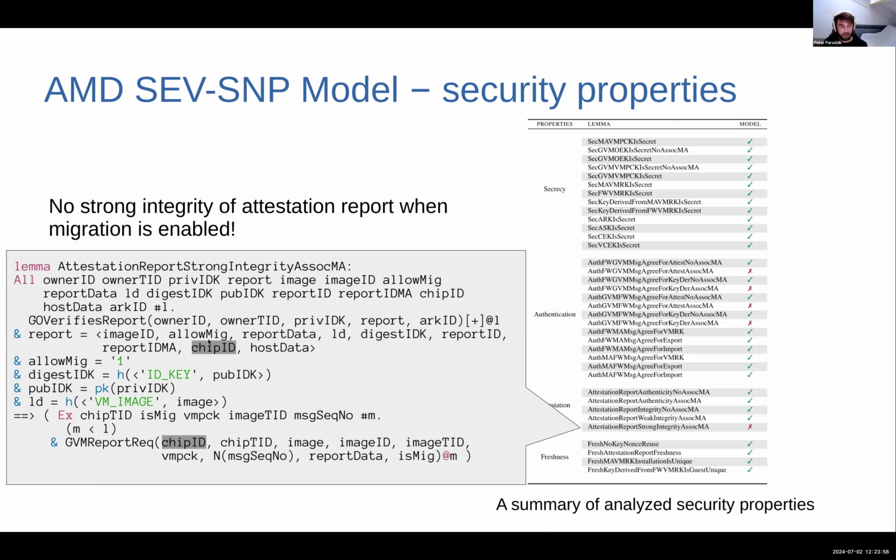But now the guest was not necessarily executing on the same platform with the same chip ID. It was executing on the previous platform. So this chip ID term doesn't have to match, and because of that, this property doesn't hold.